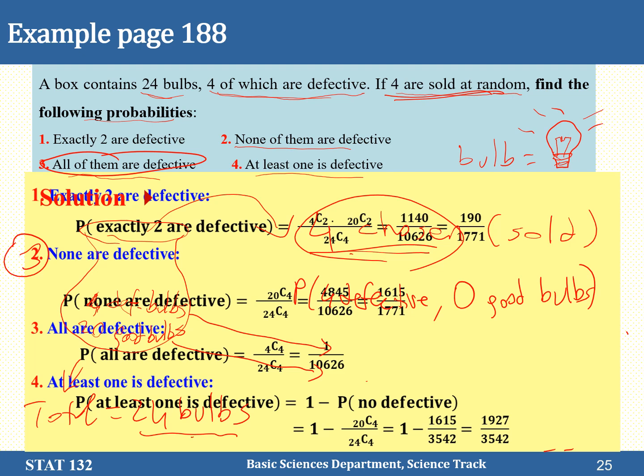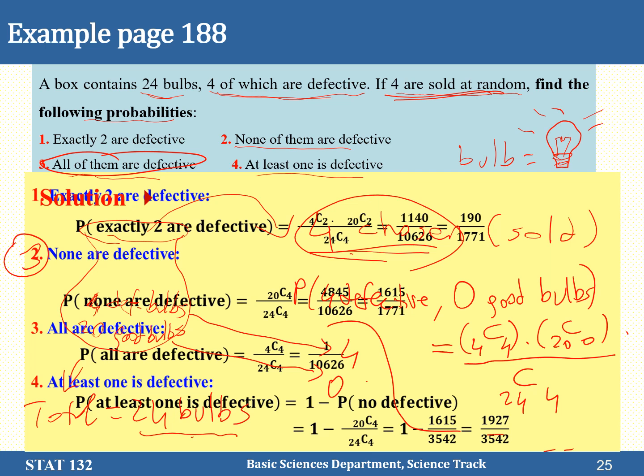So we choose 4 out of 4 here and 0 from here. So the probability will be 4 choose 4 times 20 choose 0, divided by 24 choose 4. And this will give you 1 over 10,626.